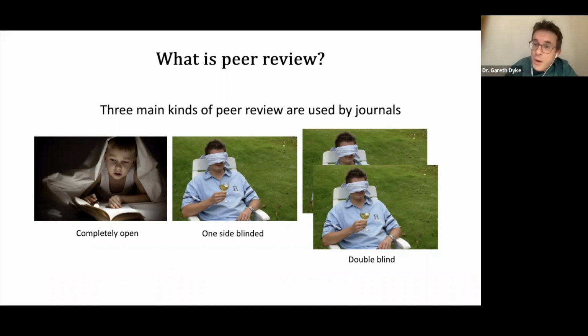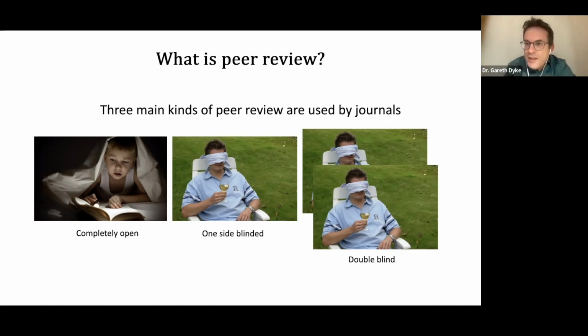That's where your identity is shown to the reviewer, but you as an author don't know the identity of the peer reviewers. If you've sent a paper to an international journal, chances are you've probably gone through single blind or one-side blinded peer review. There's another form though called double blind, where your identity and the peer reviewer's identity are kept from one another.